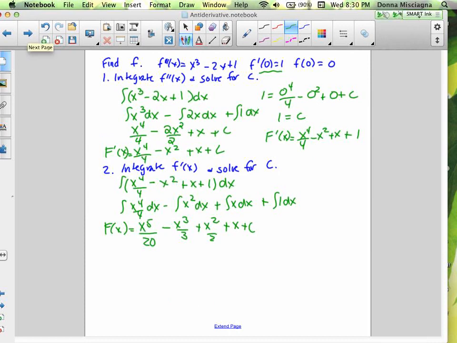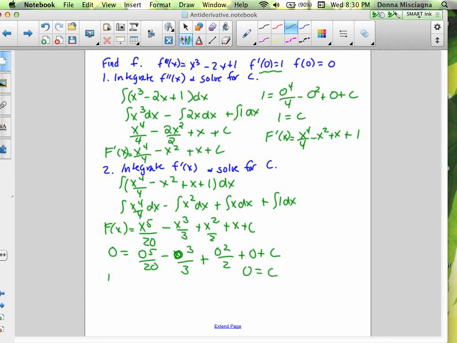And we have 0, 0 as, well, won't take us long to solve for that, right? If we plug in 0, well, what could possibly C be? Oops, that's supposed to be 0. Well, it seems like C is 0.